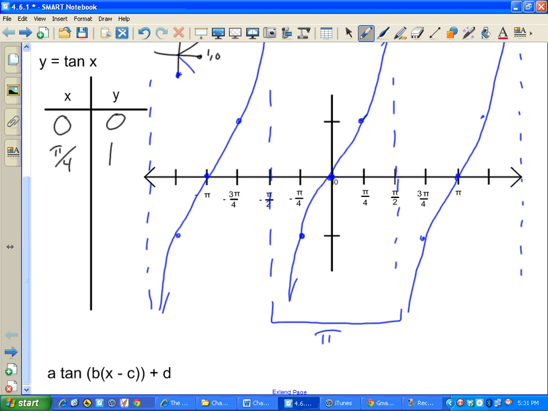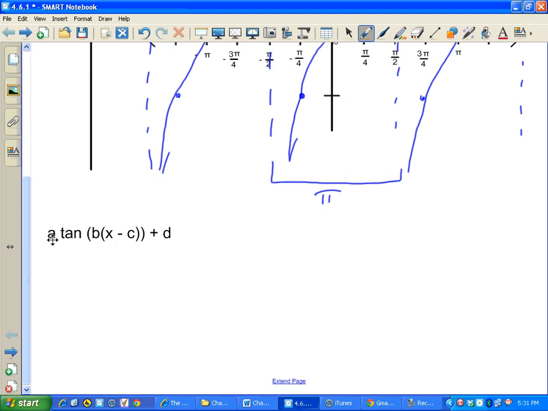Okay, so if we start looking at our shifts here, A affects the steepness. So this is still going to be our movement. Okay, so this is still our y movement multiplier. B, this affects our period.